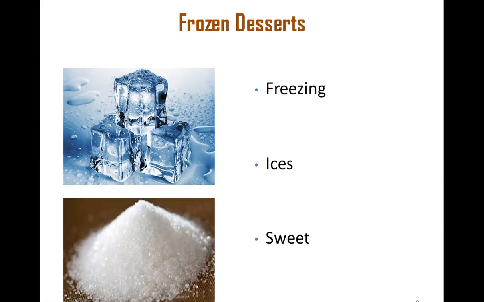Literally, it is converted into ice. Ices is a general term used in culinary preparation to identify the group of frozen desserts. Desserts are always sweet, which are sweetened with the help of sugar.